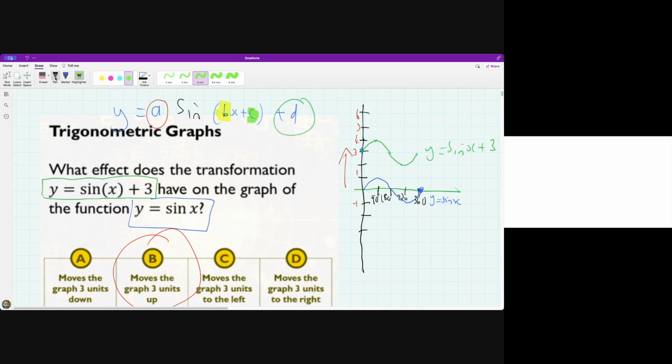This would shift the graph left and right. The last one, D, is up, down. This one is stretch, up, down. And then B would be period change.